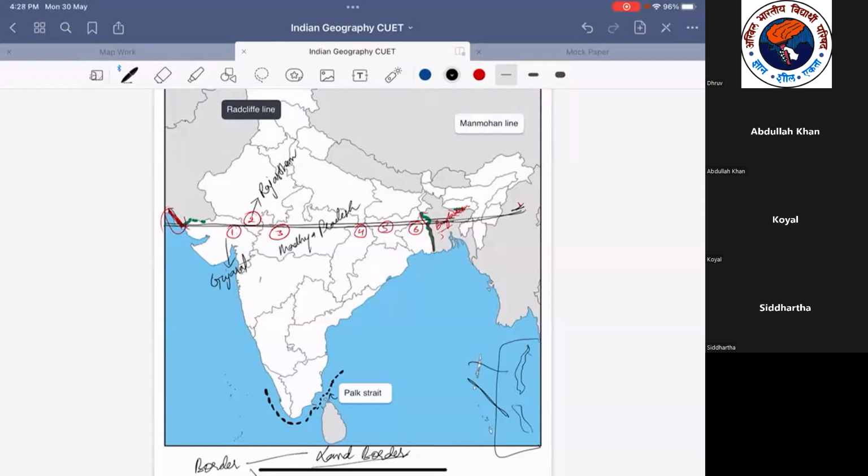Fourth one is Chhattisgarh. Fifth one is Jharkhand. Sixth one is West Bengal. Seventh one is Tripura. Mizoram.